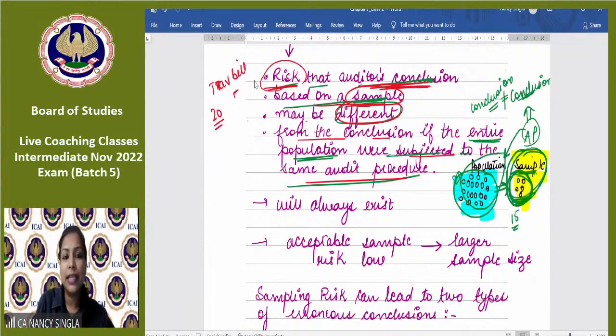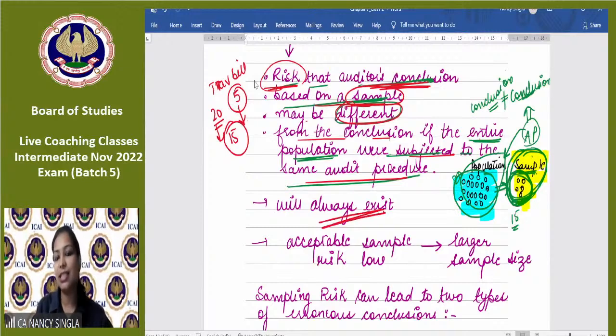And auditor selected 5 out of these. In these 5 there was no mistake, so he said that traveling bills do not contain a material misstatement. Though the fact is that in the remaining 15 there is a material misstatement. So this risk will always exist ना, ऐसा तो हो ही सकता है ना. This is one of the inherent limitations of sampling ना.